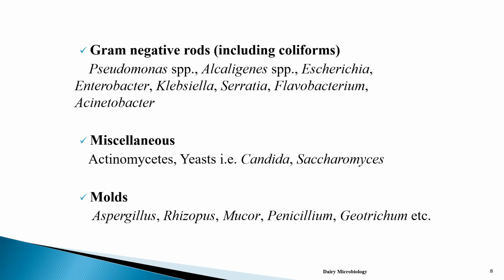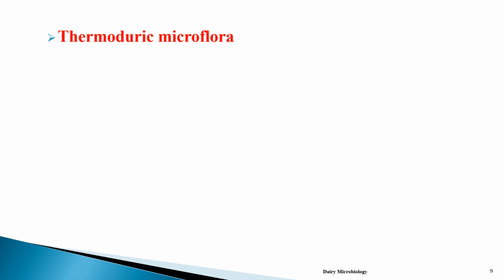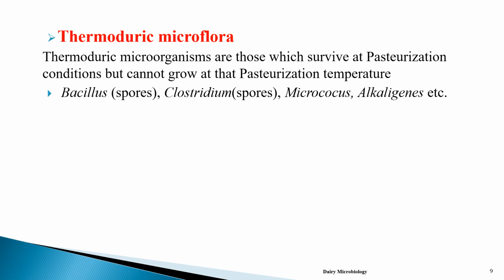Next to mesophilic microflora is thermoduric microflora, which includes the microorganisms which survive pasteurization conditions at a temperature between 60 and 80 degrees Celsius, but these microorganisms cannot grow at that temperature.